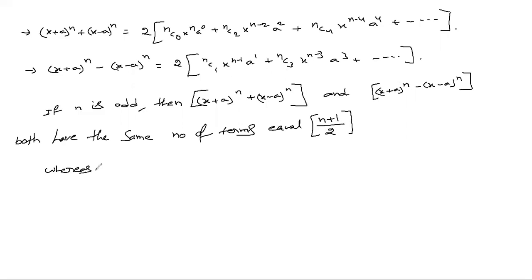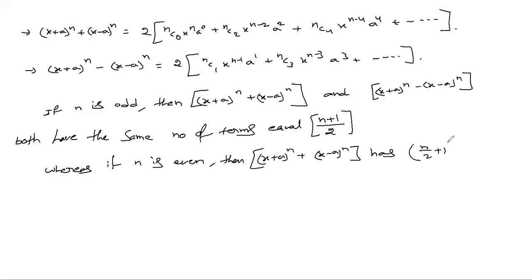Whereas if n is even, then (x + a)^n + (x - a)^n has n/2 + 1 terms, and the expansion (x + a)^n - (x - a)^n has n/2 terms.